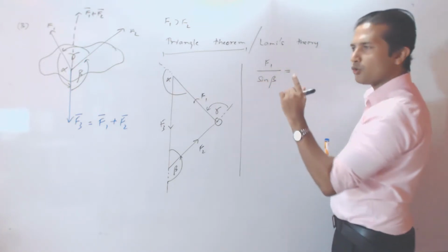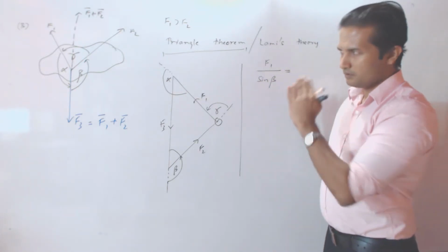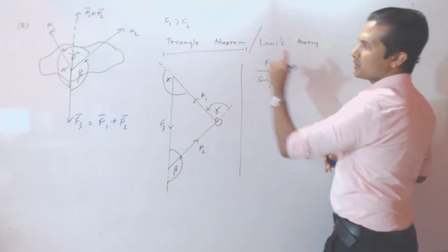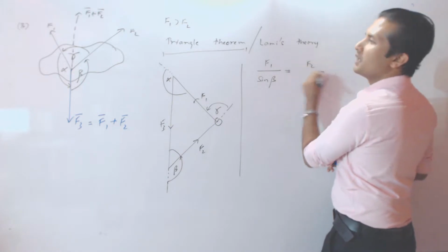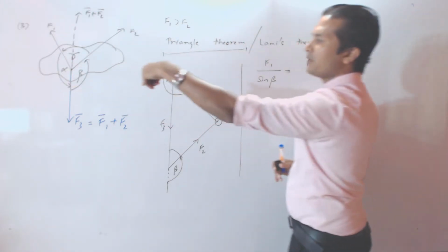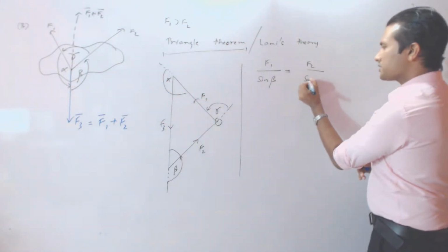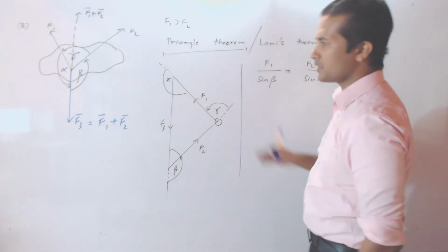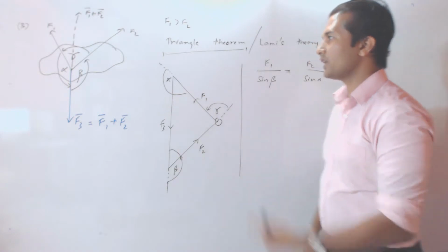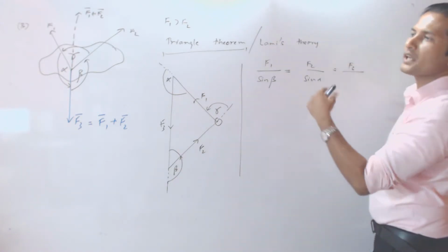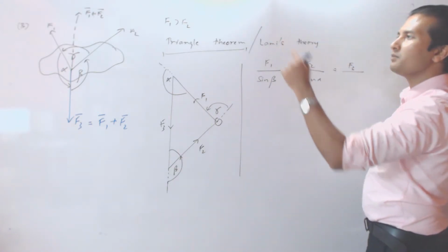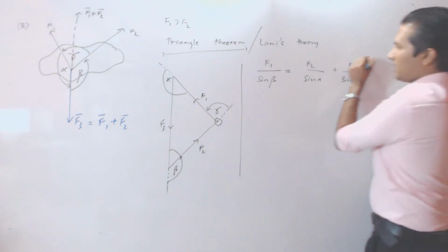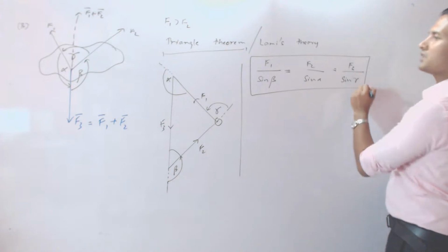That ratio should be constant throughout the situation. So when considering F2, take the angle in between F1 and F3, that is sine alpha. Then for the final force F3, the opposite angle, or angle in between F1 and F2, is gamma, sine gamma. This is Lami's theorem.